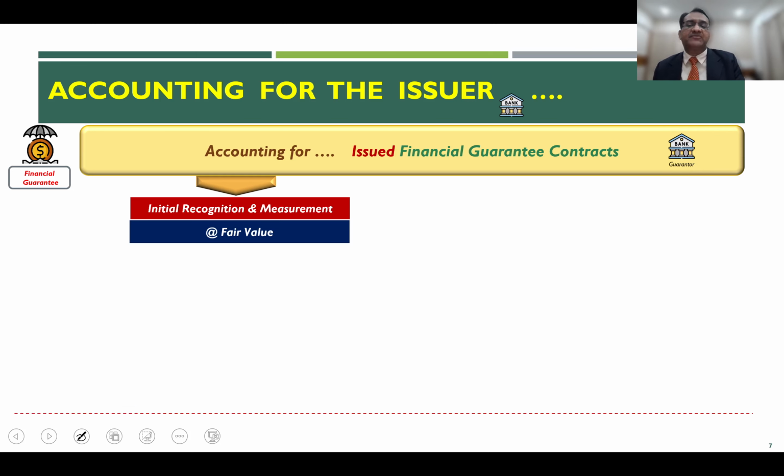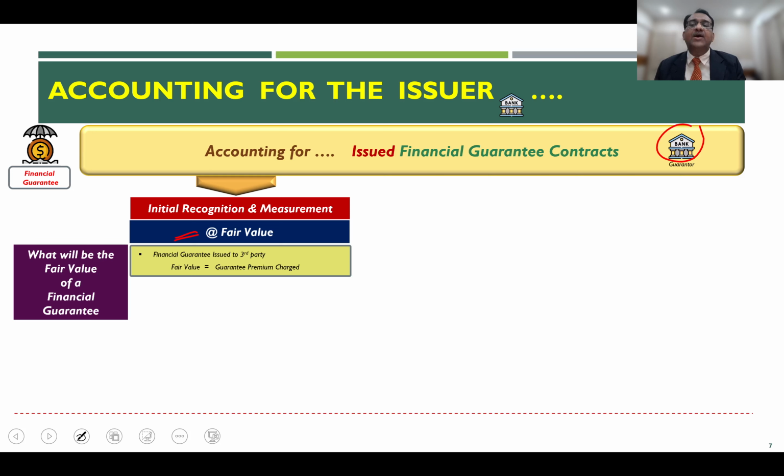We will pick it up perhaps in a subsequent video, but let's understand that the key requirement for accounting for such issued financial guarantee contracts is that on initial recognition, this issuer needs to record such financial guarantee contract at its fair value. Now, as I said, what is the fair value? That itself is a very challenging discussion.